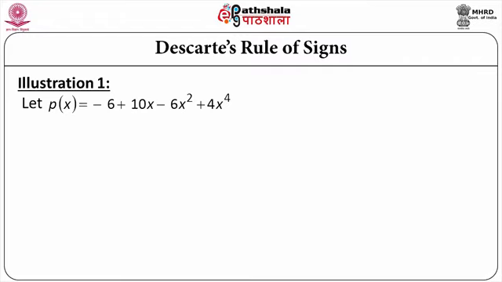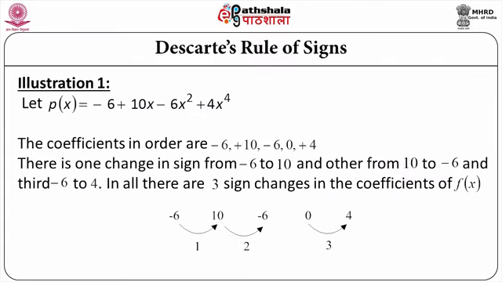Let us take the polynomial p(x) given by minus 6 plus 10 x minus 6 x square plus 4 x raised to 4. Coefficient of x cube is 0. So, here a0 is minus 6, a1 is 10, a2 is minus 6, a3 is 0 and a4 is 4. Let us look at the change in sign. From a0 to a1, there is a movement from minus 6 to 10, so the sign has changed once.